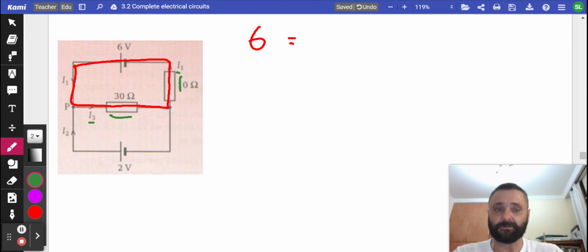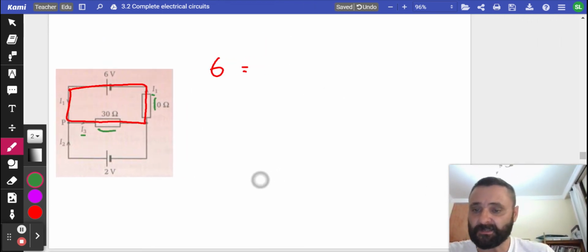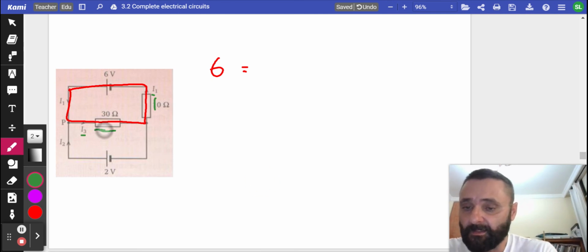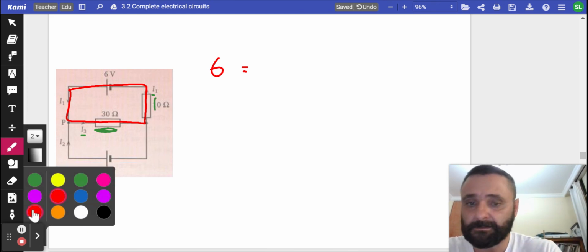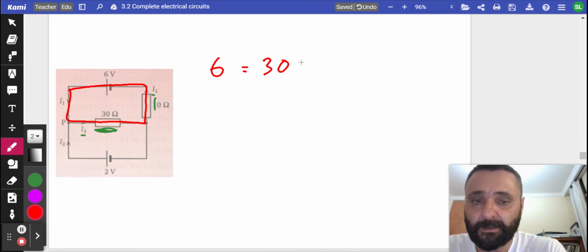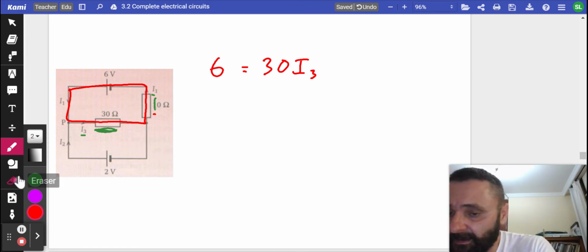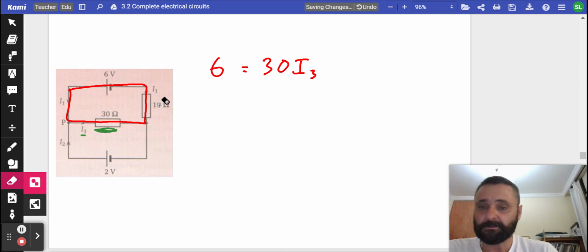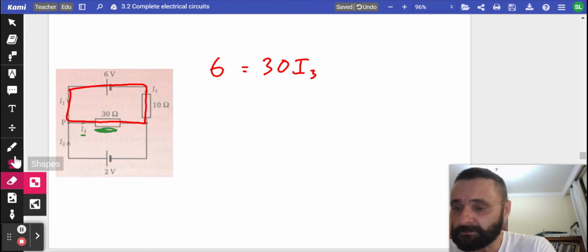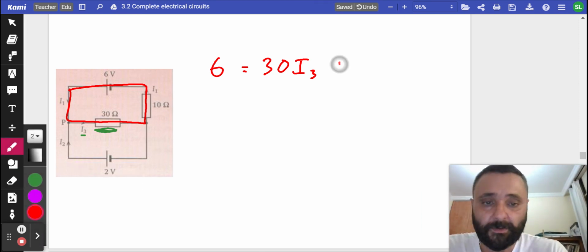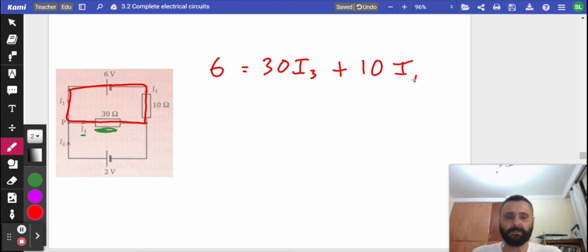So that's important. So the potential difference drop across this fella is 30 I3. The potential difference across this fella here is 10 I1. Okay, so that's our first one.